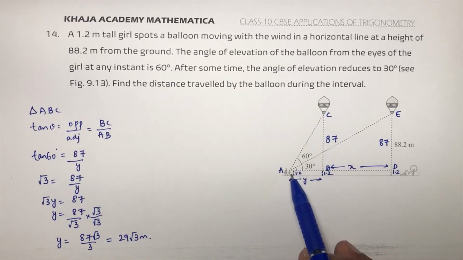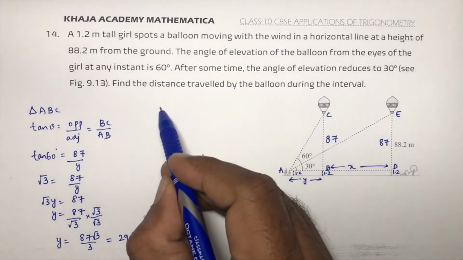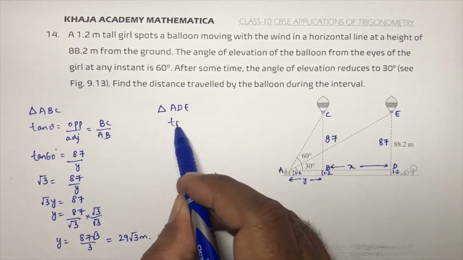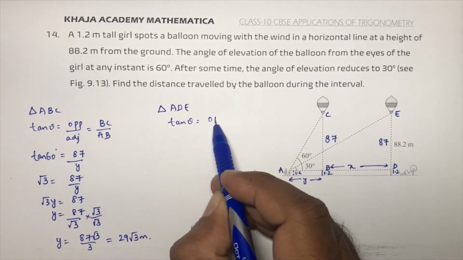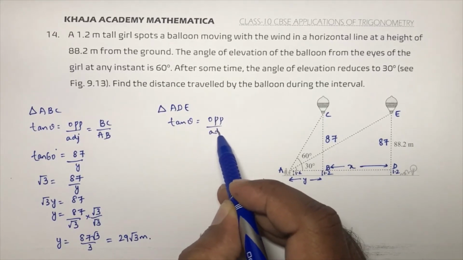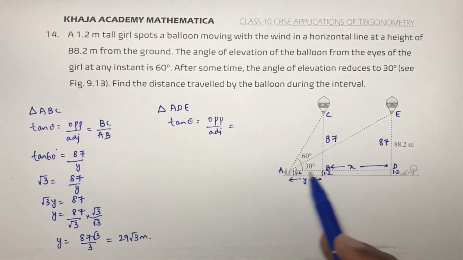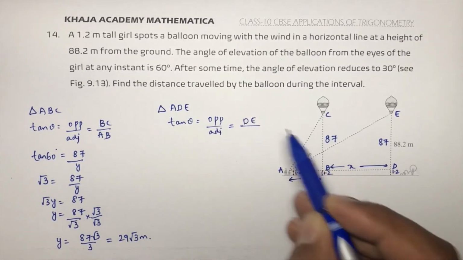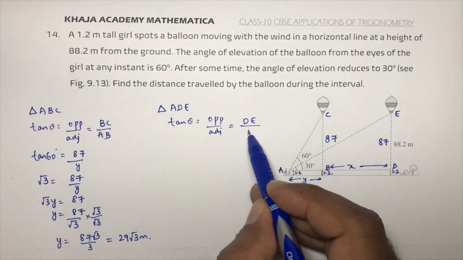Now in triangle ADE, again I'll use tan theta, which is opposite by adjacent. Here for ADE, opposite is DE, adjacent will be AD.